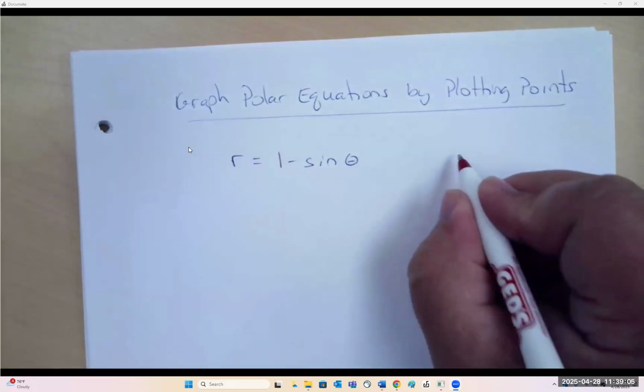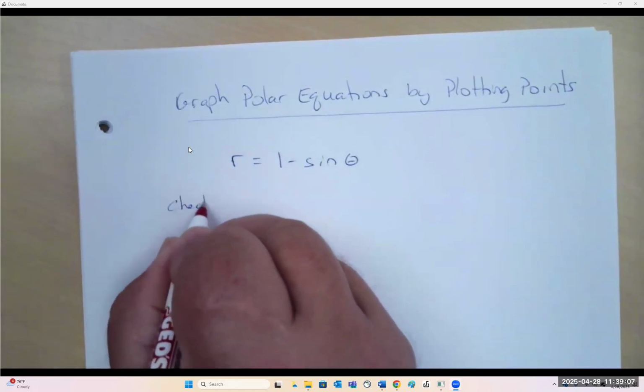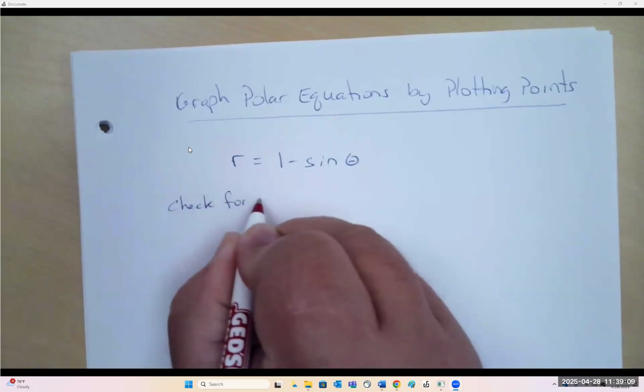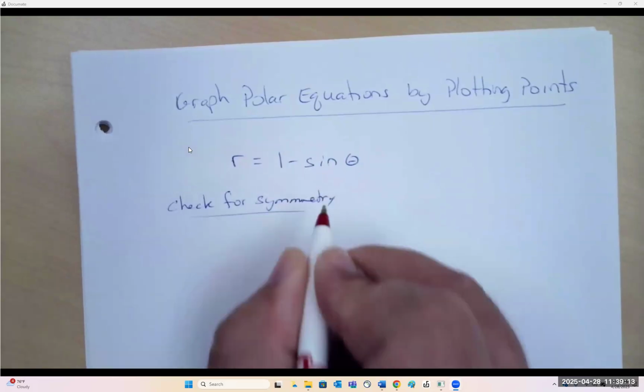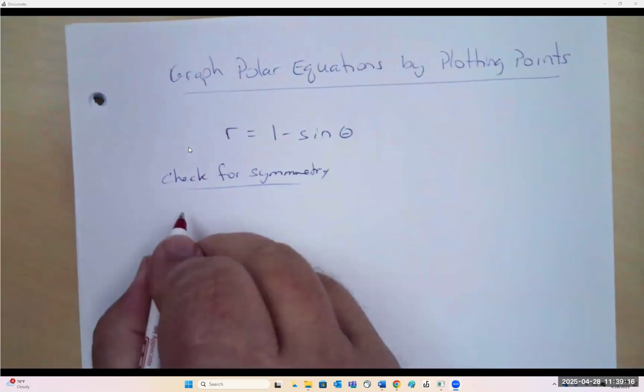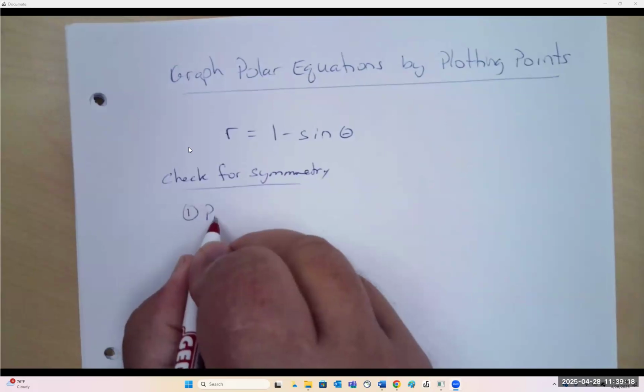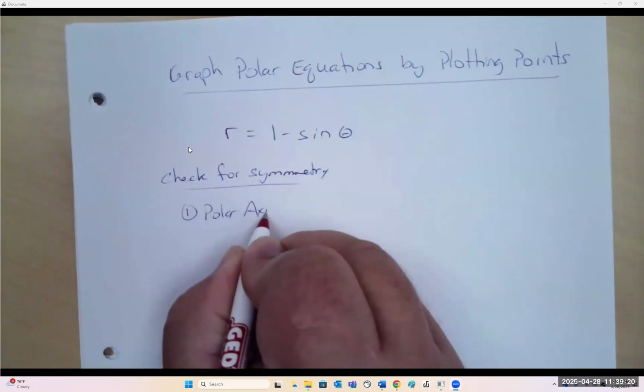Check for symmetry. First one, polar axis.